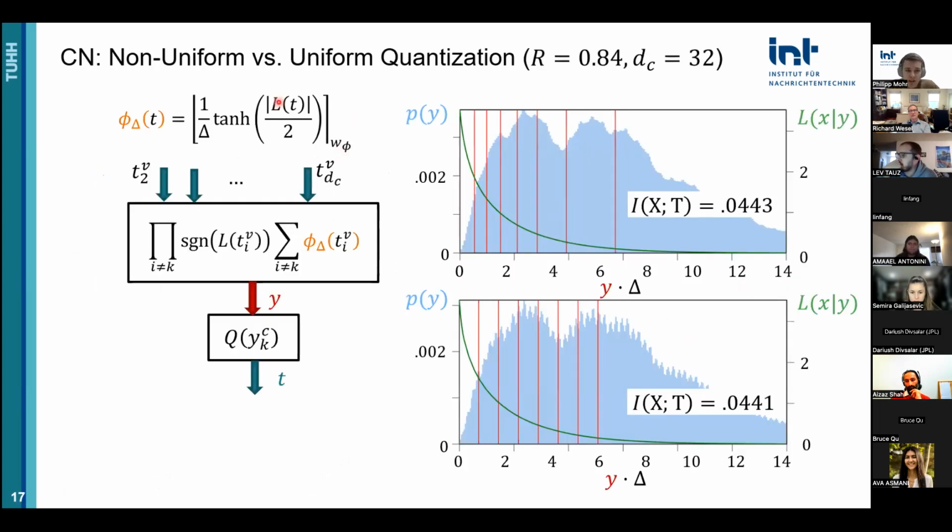But now let's stay at the computational domain implementation for now. And here again, we can make similar pictures as before and see that the mutual information barely changes if we make a restriction to the uniform spacing. So again, we just have, after the 4th decimal point, a change in mutual information.